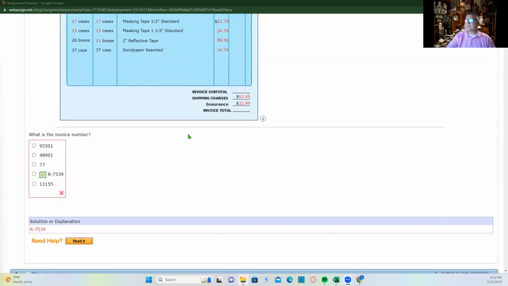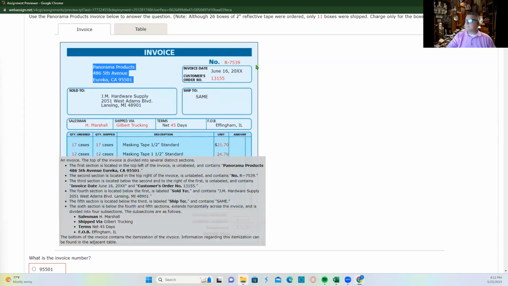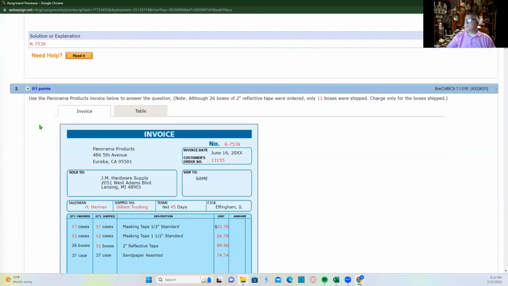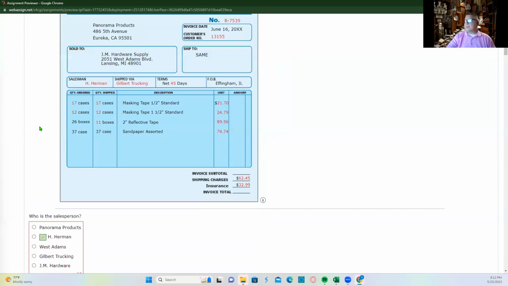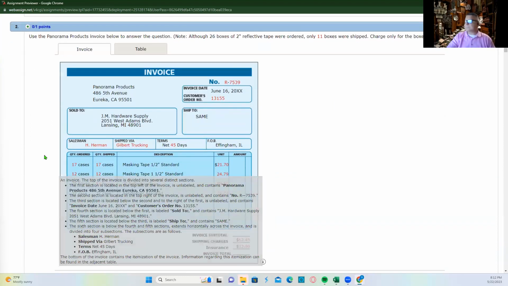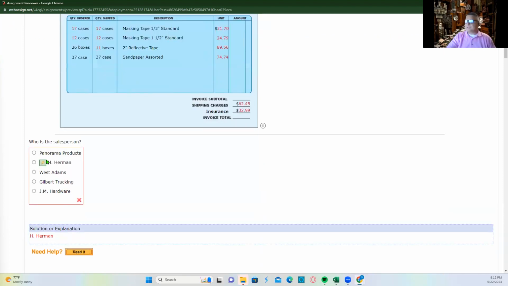Just like on this one, it says, what is the invoice number? There it is right there. Who is the salesperson? All this stuff right here is pretty self-explanatory, so we're not going to worry about invoicing too much.